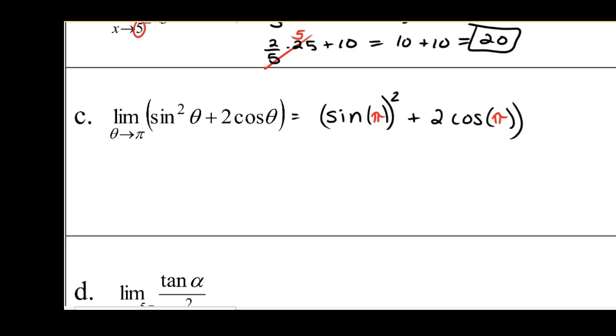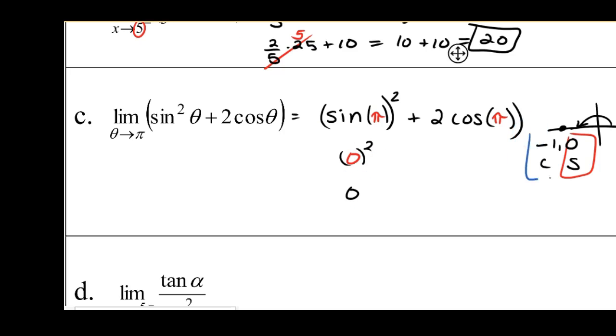Okay, so sine of pi, looking at my unit circle, going around 1 pi angle, and this on my unit circle is the coordinates -1, 0, and these are labeled cosine and sine. So my sine is 0, and 0 squared is 0.